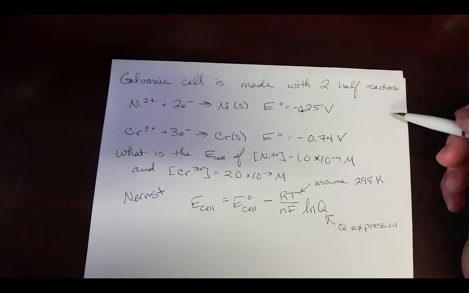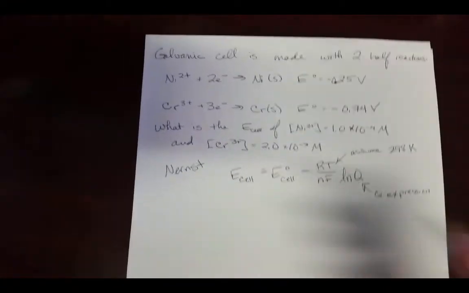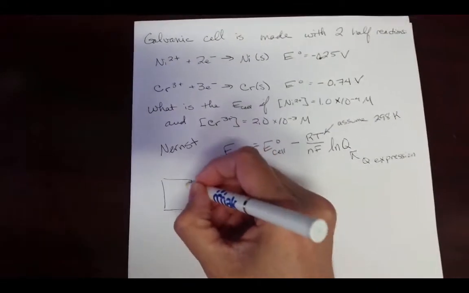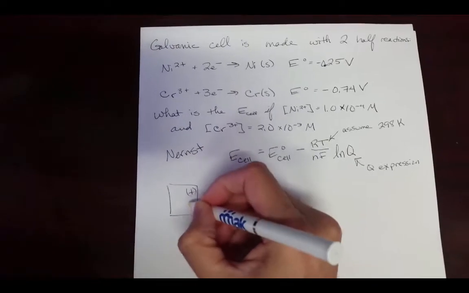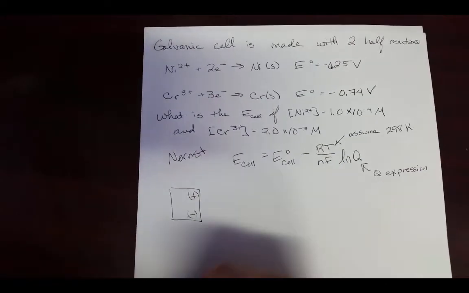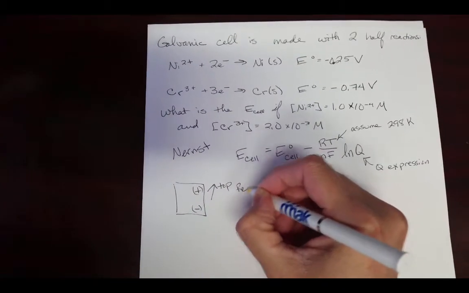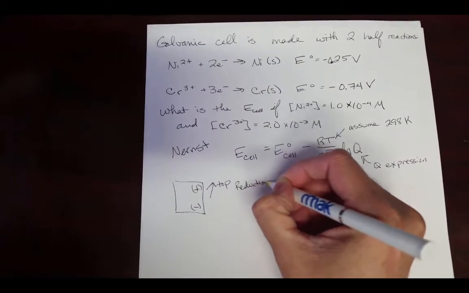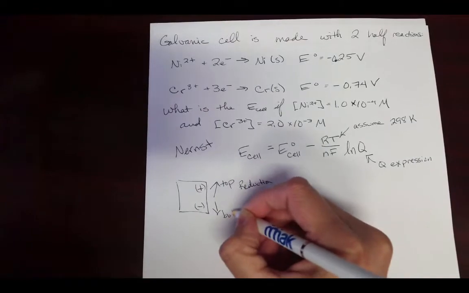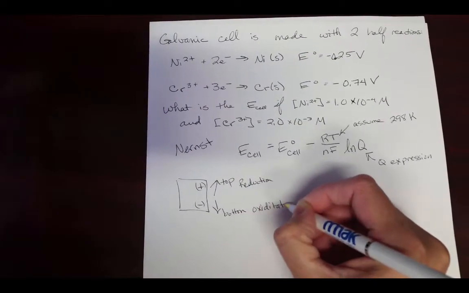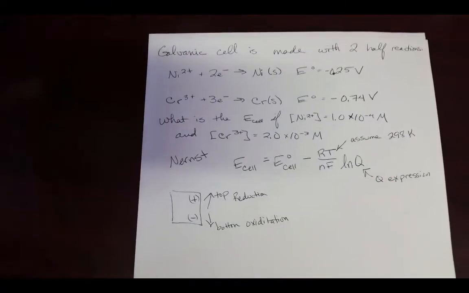On the table, what you would have found is that most people are pretty good with the fact that if I've got a table, at the top I've got positive values, at the bottom I have negative values. So usually as I look towards the top, I have reduction, and as I look towards the bottom, I have oxidation. So that makes the table relatively easy to read.